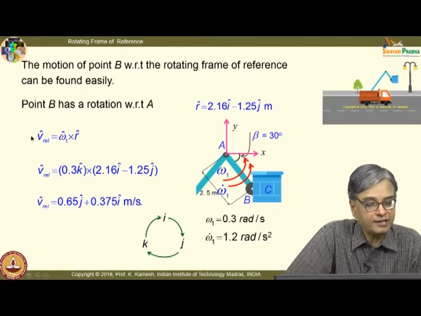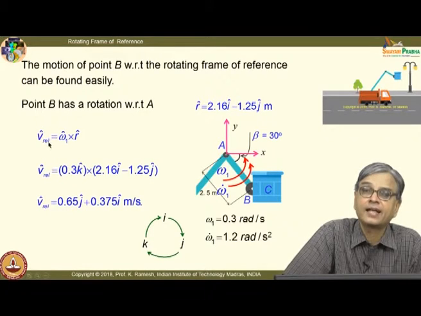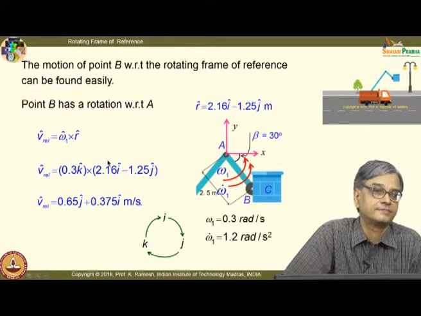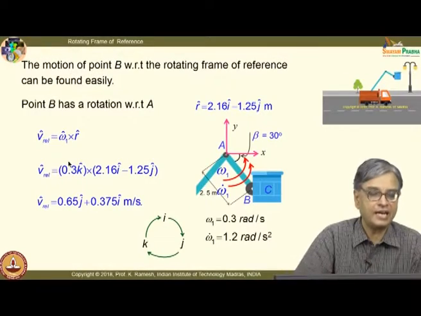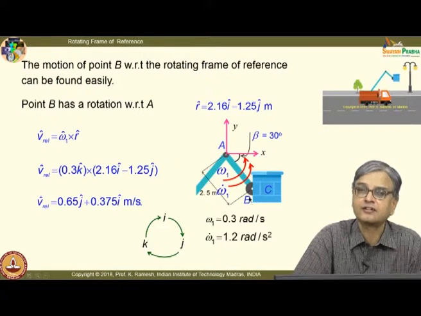I have calculated VREL, I will also calculate AREL, because in my calculations I need VREL and AREL, that is all I need. Rest of it I need to have the quantities that is specified in the problem. AREL you can easily do because it is a circular motion.